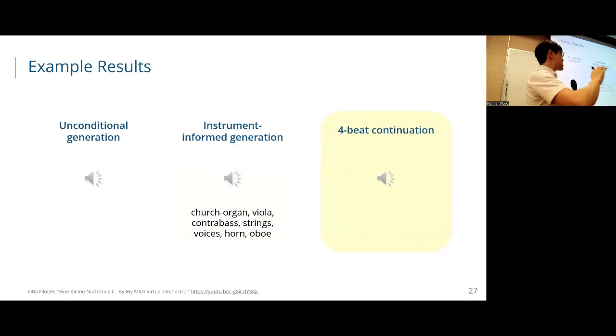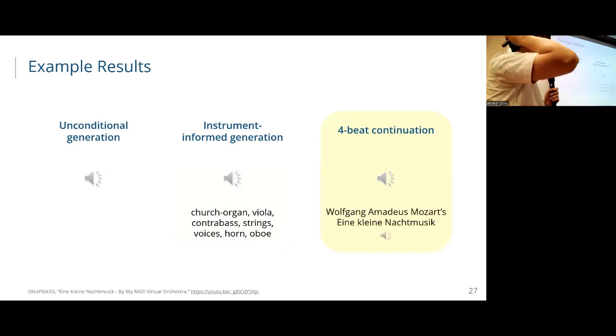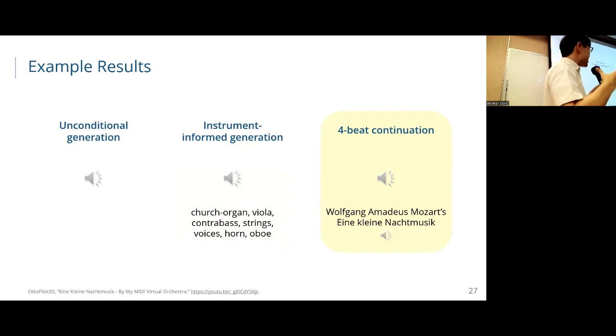The first 4 notes actually sound super familiar; it's actually a Mozart piece. As you can see, music generation is not just about creating new stuff. It's also possible to do this kind of morphing, or transformative type of creation, where you base the output on some inputs that you like.